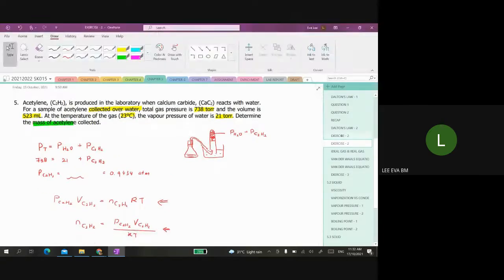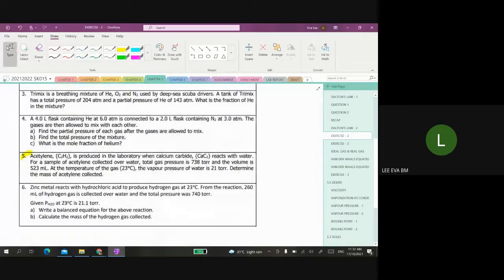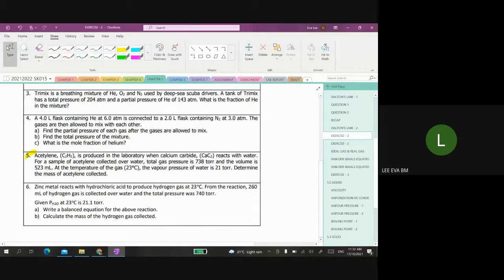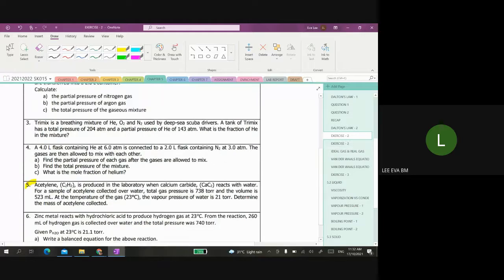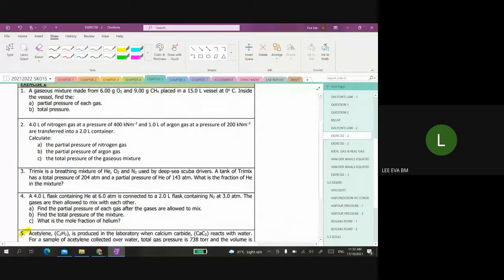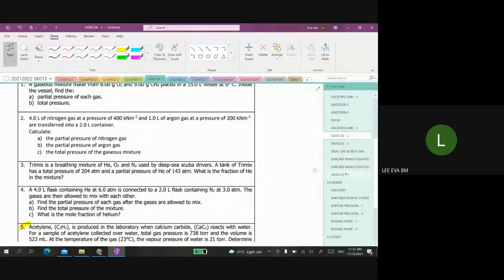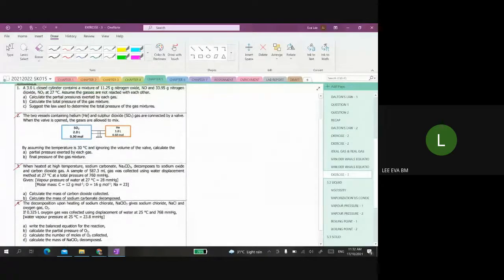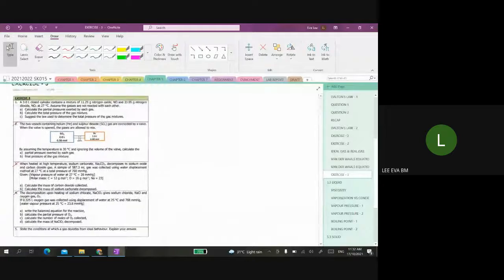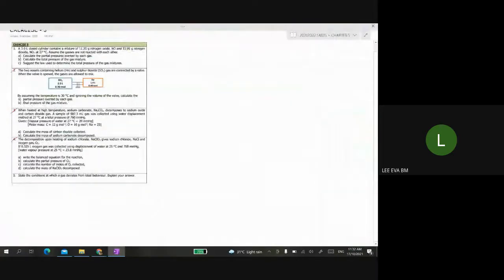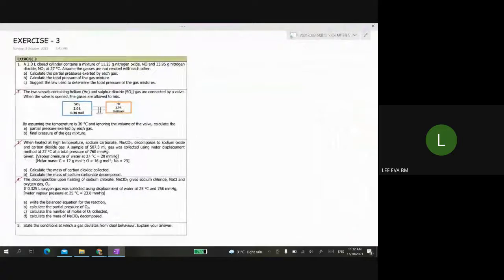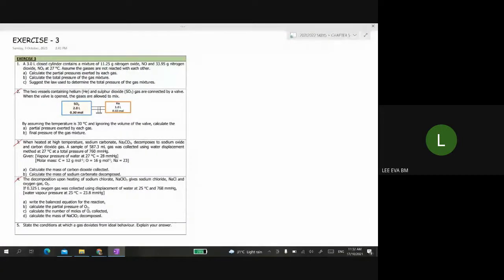We can see over here you have question number 6, also applying the concept of the water displacement method. So you can try to use the concept and then apply your calculation. Okay, so the homework is to be submitted in GC later. In exercise number 3 over here, or you can jot down, madam selected a few questions for you to practice, and then submit into Google Classroom.